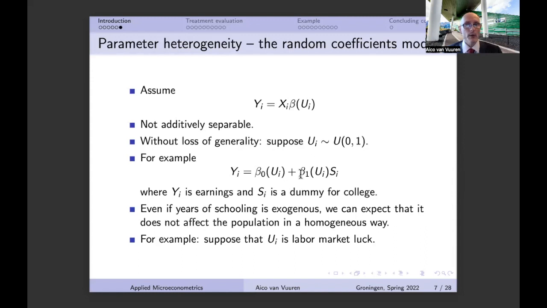Also here we would like to look at yi1 and yi0. The only thing that we need to do is, first of all, for yi1, simply substitute a 1 for si at the right-hand side, so we get beta 0 ui plus beta 1 ui, and yi0 simply is equal to beta 0 ui.